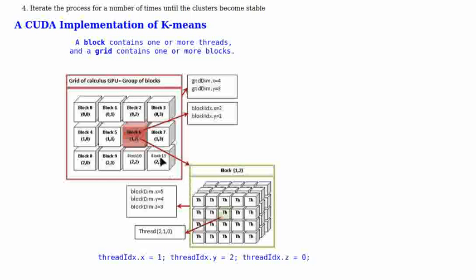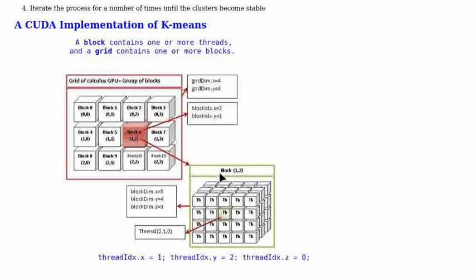So this is a grid of blocks, and so you have, say, 3 rows and 4 columns, and this is block 1, 2, row 1, column 2. It starts from 0, 0. And here the block index dot x is 2, block index dot y is 1.